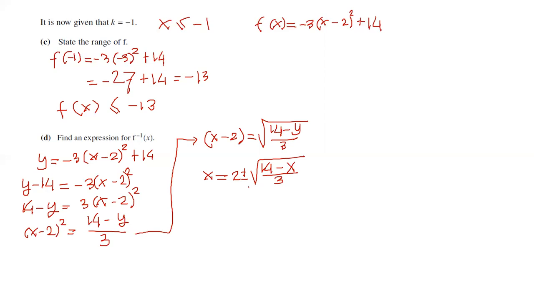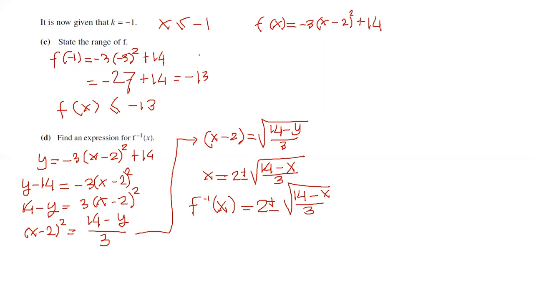Now the inverse of f(x) equals 2 plus or minus the square root of (14 minus x) over 3. Now we're going to determine whether plus or minus.